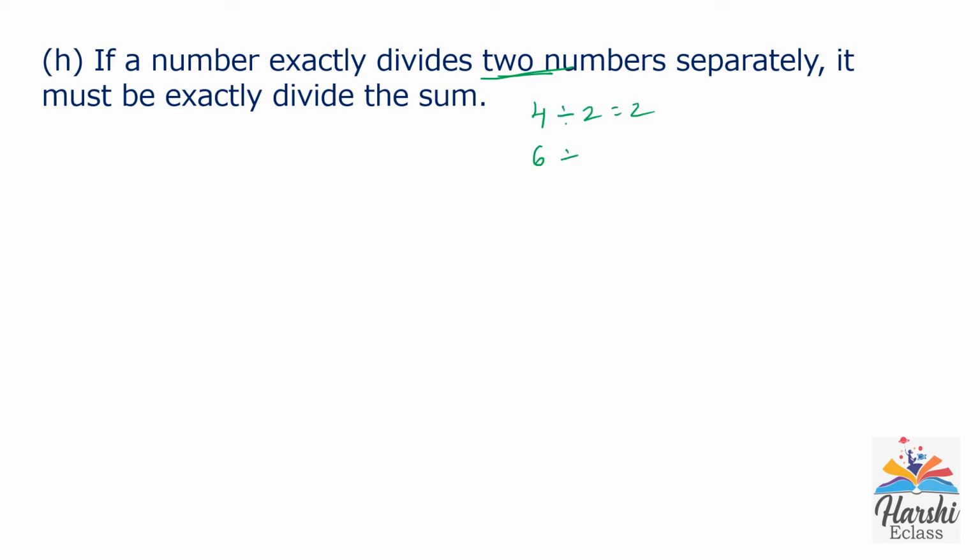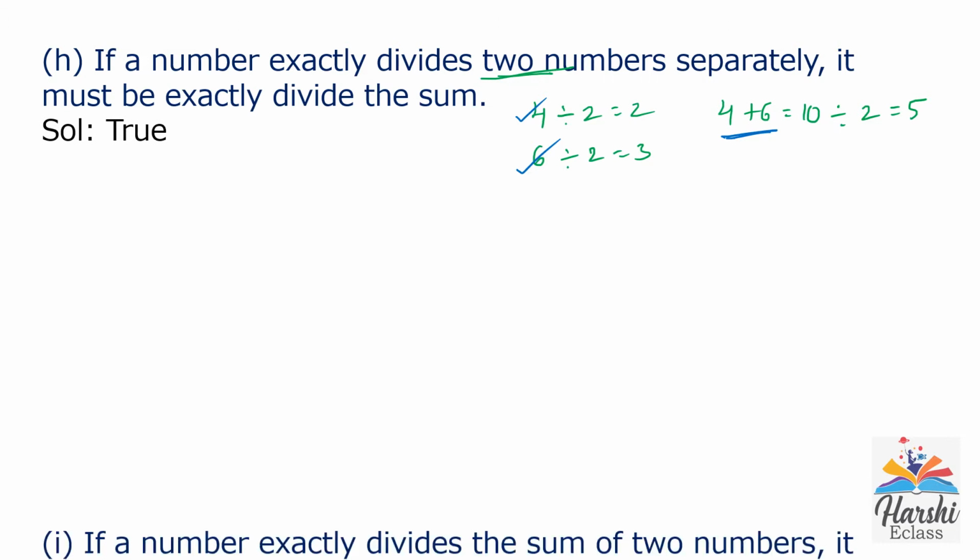Now the sum of 4 and 6 is 10. 10 is also divisible by 2. Here 2 can divide 4 and 6 separately, and it can also exactly divide the sum of 4 and 6 without leaving any remainder. It is a true statement.